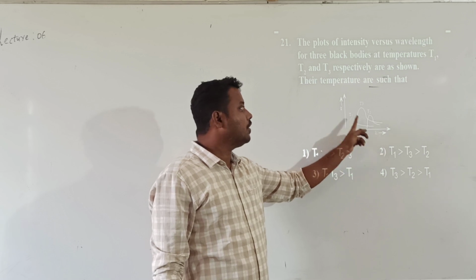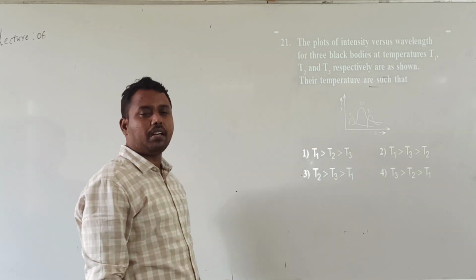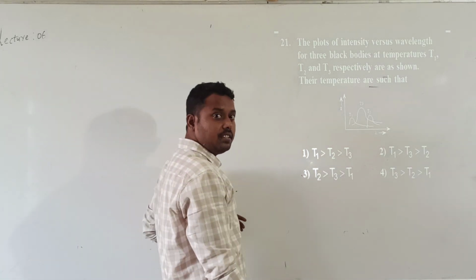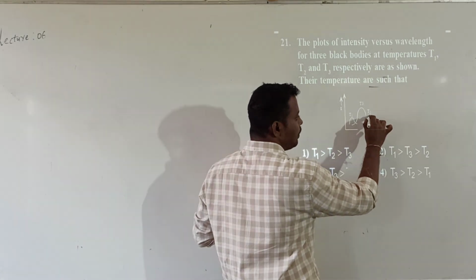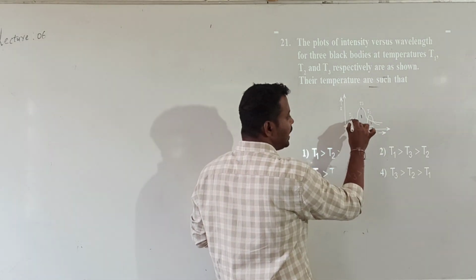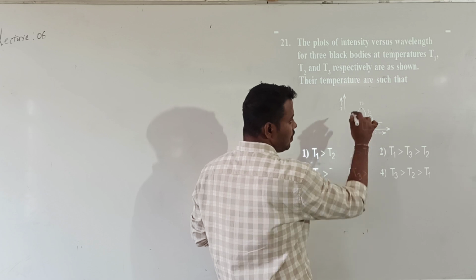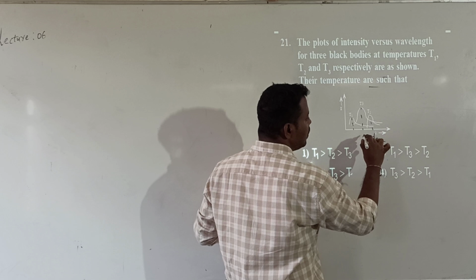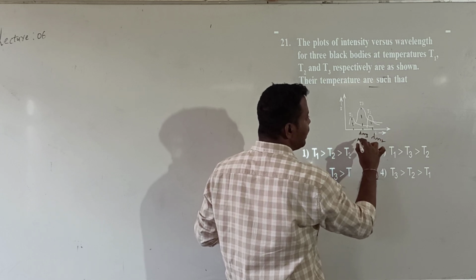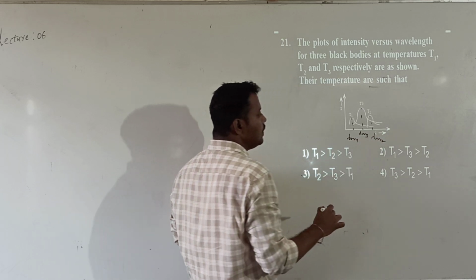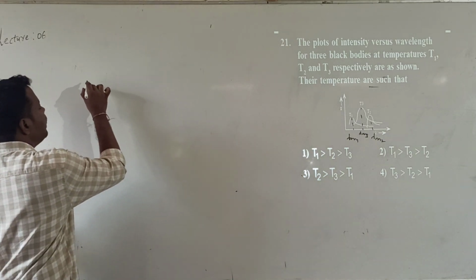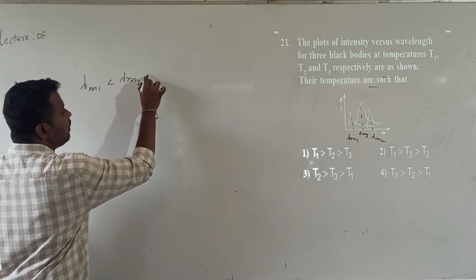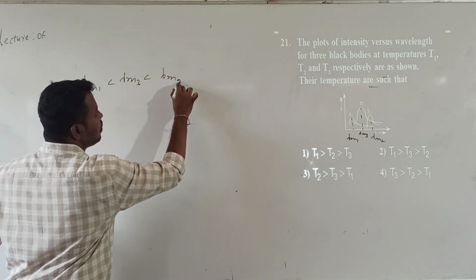You know from this graph, according to Wien's displacement law, with increasing temperature, the wavelength corresponding to maximum intensity decreases. This is for the temperature T1, this is for T2, and this is for T3. Here it is lambda M2, this is lambda M3, and this is lambda M1. From the graph, lambda M1 is smaller than lambda M3, which is smaller than lambda M2.